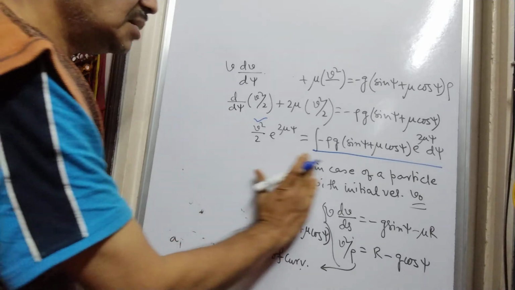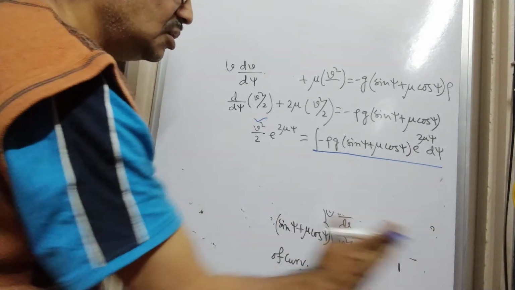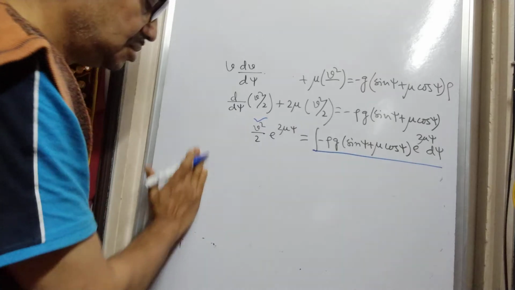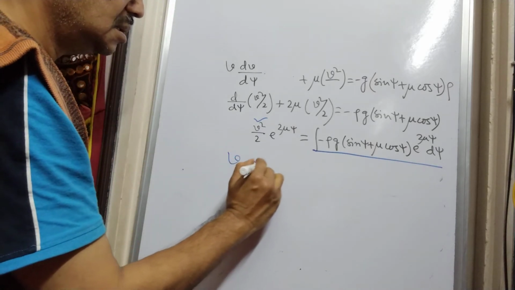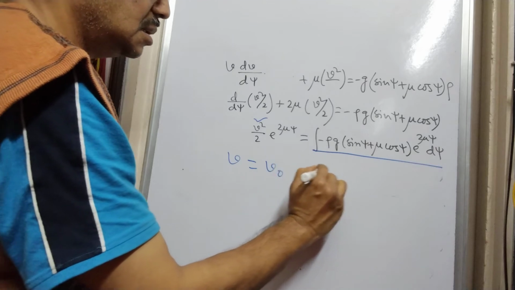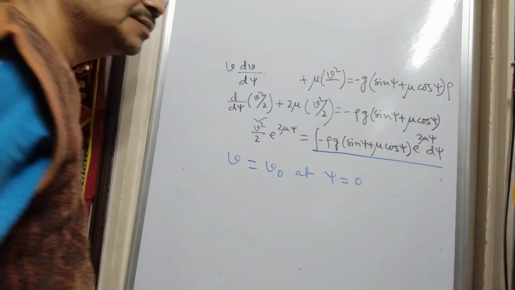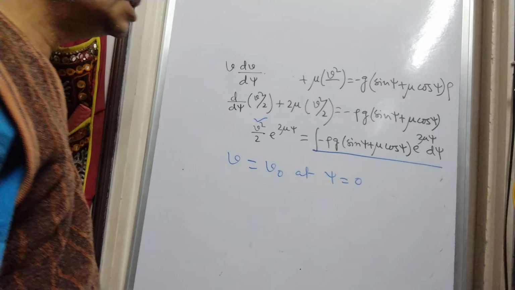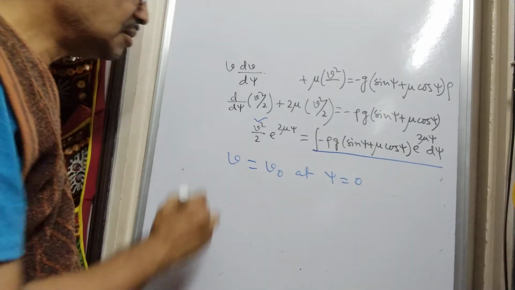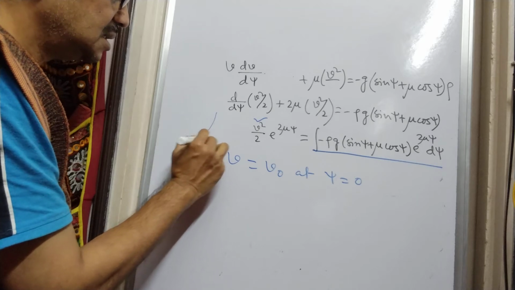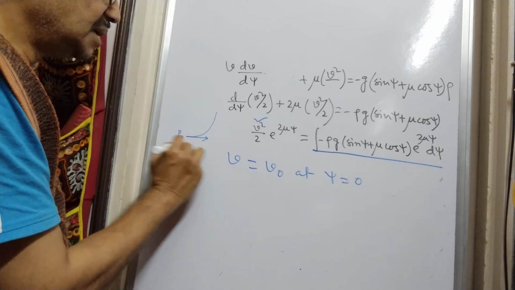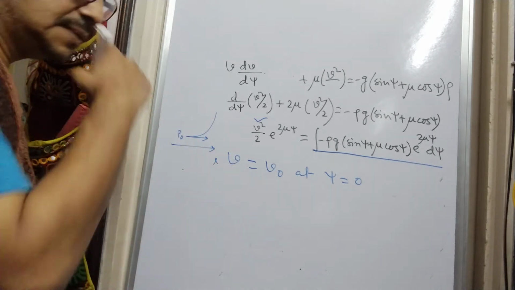The initial condition is nothing but v equal to v0 at psi equal to 0. Since we have assumed that the P0 point from which the particle starts has the tangent parallel to x-axis. Isn't it so?